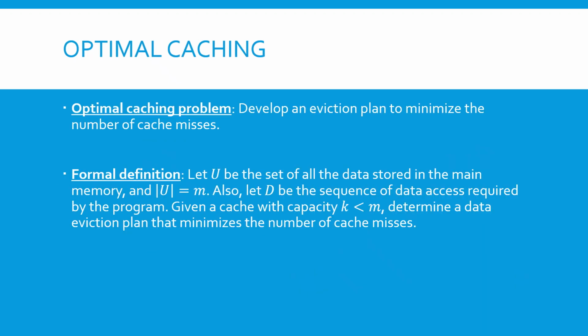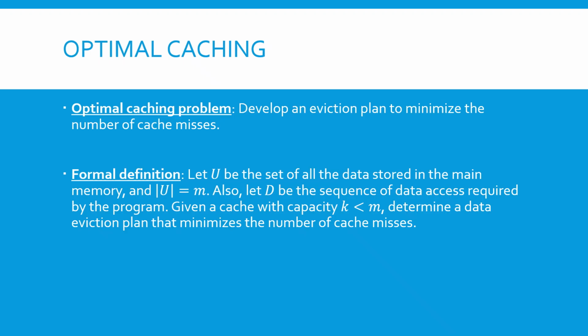This leads to a natural optimization problem: design an eviction policy that minimizes the number of cache misses. Fewer misses mean fewer expensive transfers from memory or disk, which reduces total execution time.